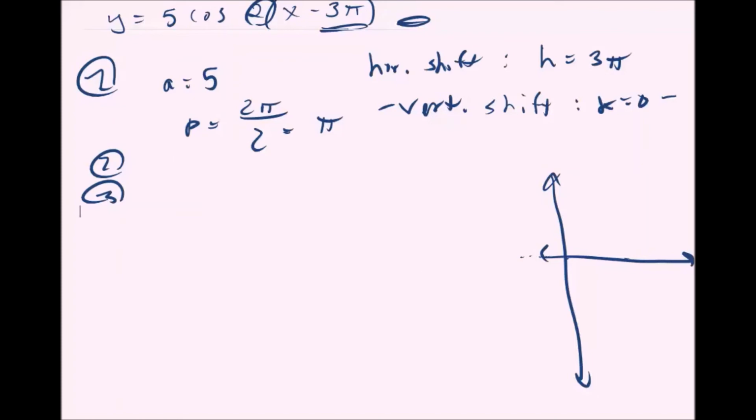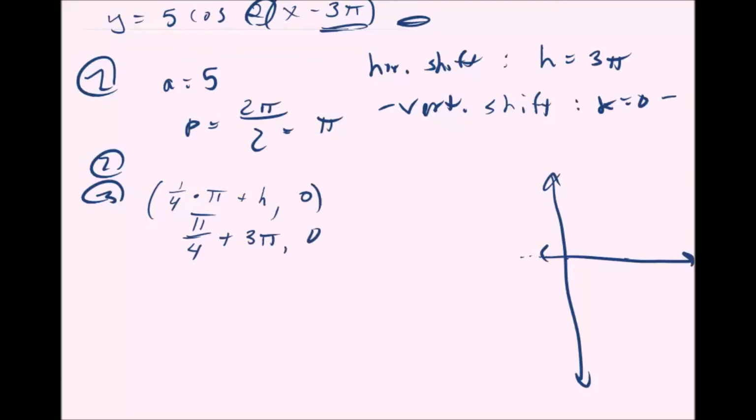For cosine, the 5 key points are different from sine. There are 2 intercepts. The first intercept is found by 1/4 times the period, which is pi, plus h, comma 0. So here we have pi over 4 plus h, which is 3 pi, comma 0.